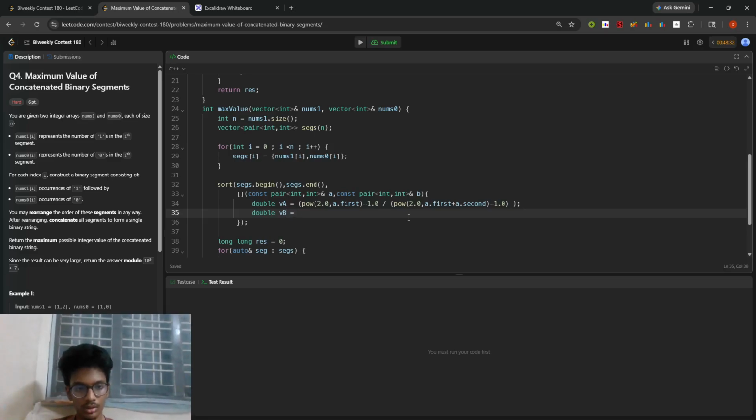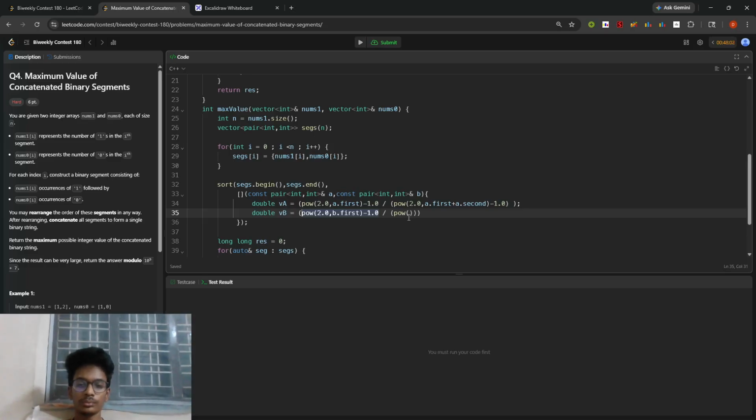Now coming to VB, power of 2.0 B dot first, 2.0 B dot first, minus 1.0 divided by power of, and this whole thing should be now bracket, B dot first minus 1.0.